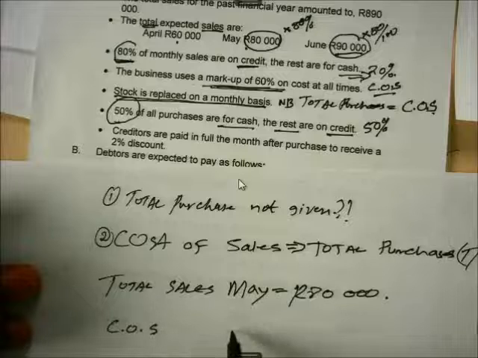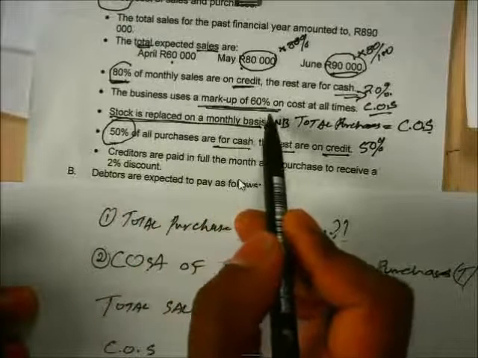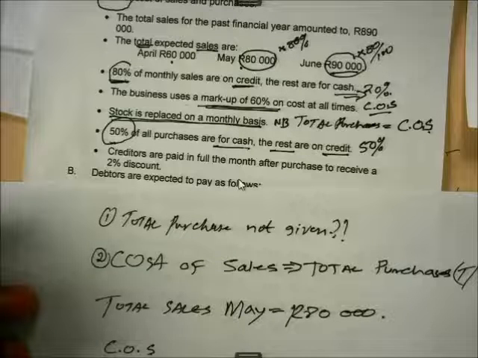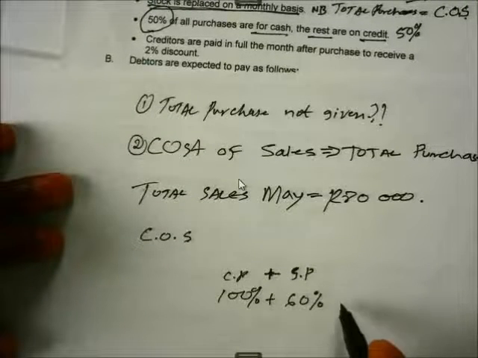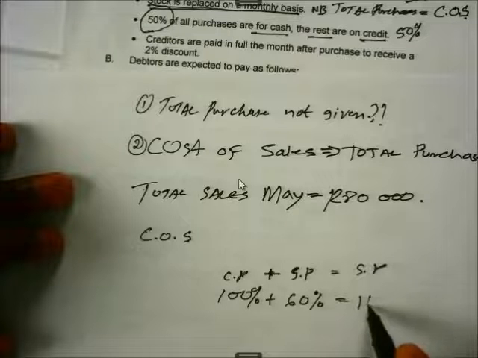They told us here that the business uses a markup of 60% on cost at all times. What does that mean? It means whatever they buy will be your cost price at 100%. They are going to add gross profit, in this case 60%. This will give them the selling price of 160%.